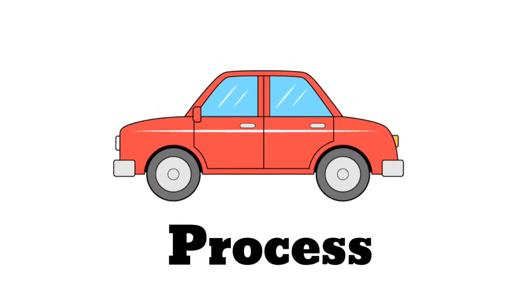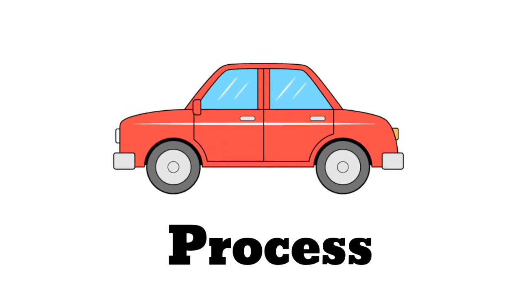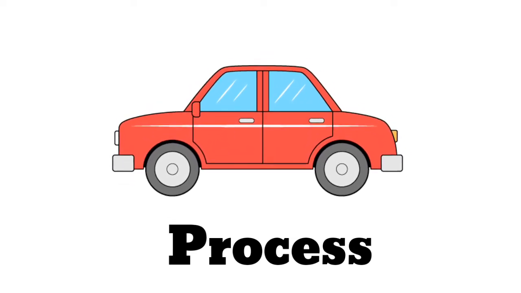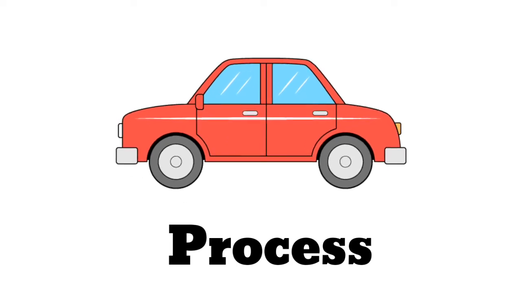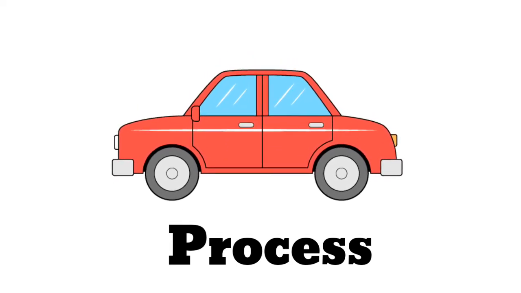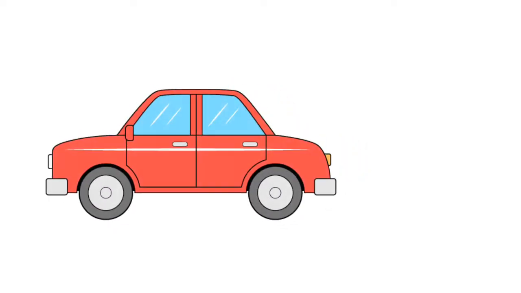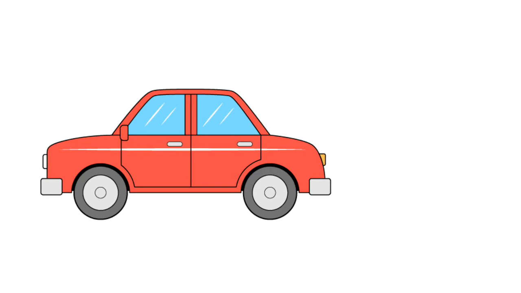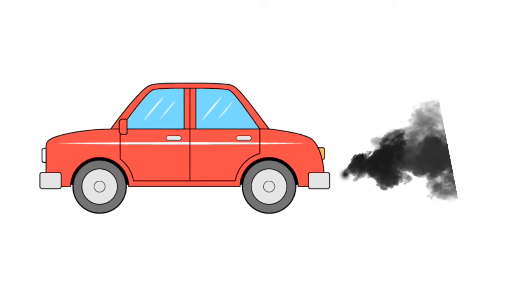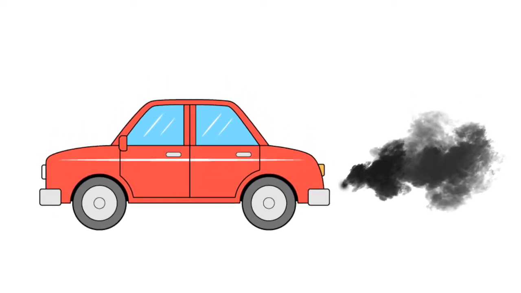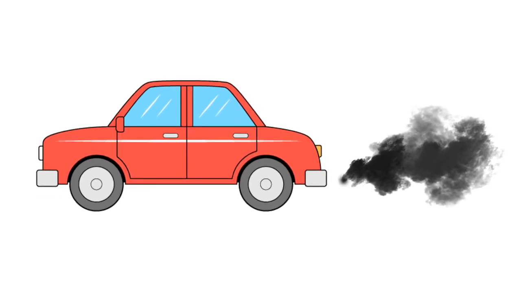For process, in the case of a car, processing is when the car is started. Output. Petrol is an input and the smoke is an output. When the smoke comes out of the car after we start the car, we can say it is an output.